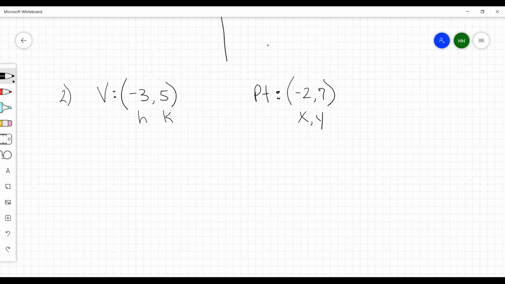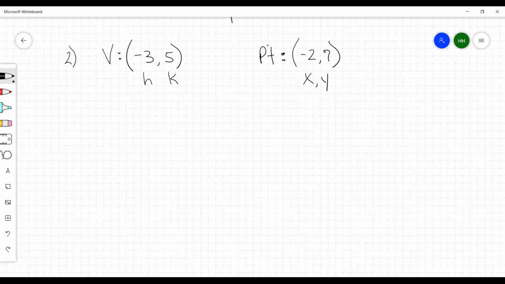Now, vertex form of an equation is y equals a times (x minus h) squared plus k. So what you do is you rewrite this equation, substituting the h, the k, the x, and the y, and you solve for a.